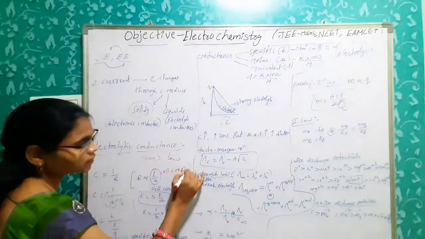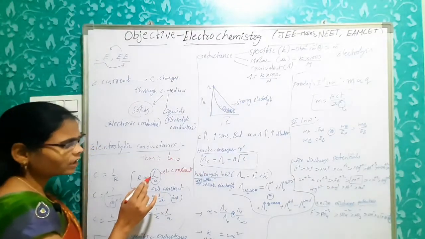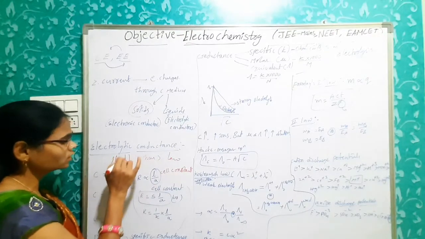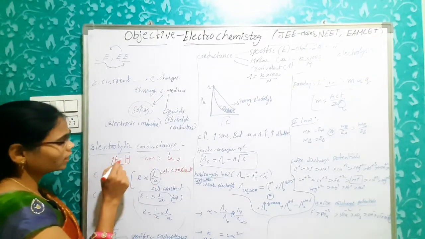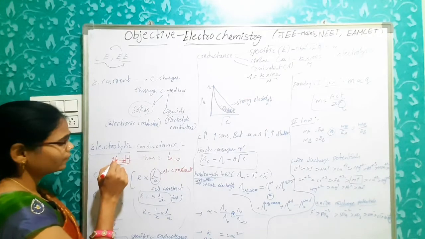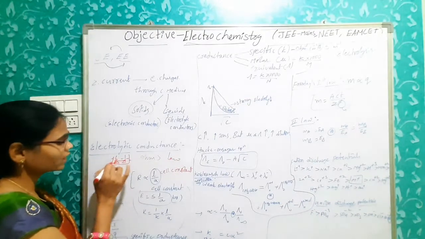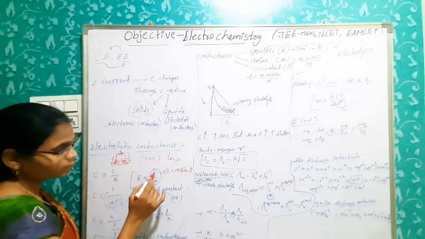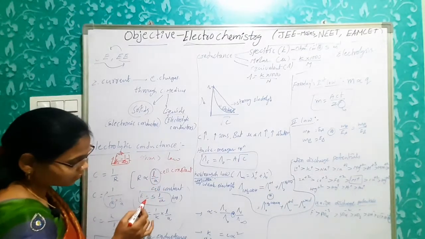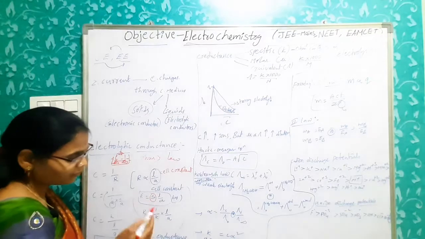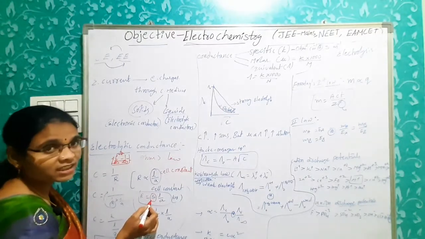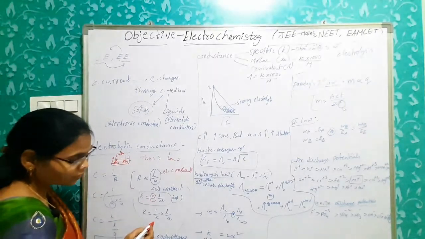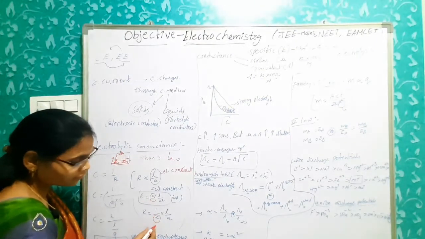Cell constant is the ratio of the distance between two electrodes, L, and A, the area of cross section of the electrodes. So R equals S into L by A, where S means specific resistance, resistivity. This is also denoted as 1 by K, specific conductance.